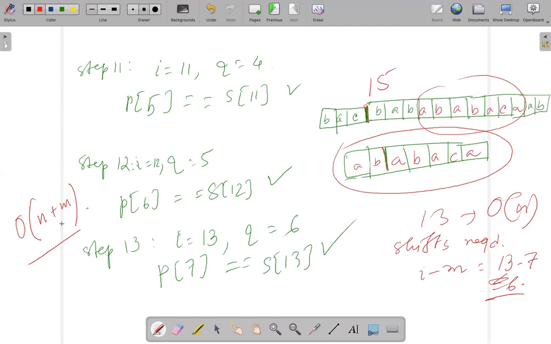So we stop here, and this also ends our syllabus for algorithm 1.